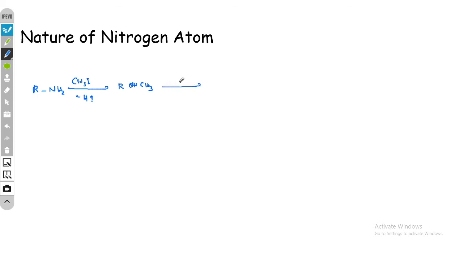Then it is further treated with excess CH3I. Then again it will react to form tertiary RN(CH3) twice. Then it again adds one more CH3I to form the quaternary ammonium salt, RN(CH3) thrice plus I minus.